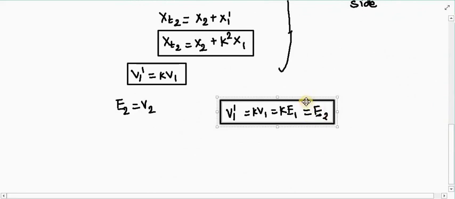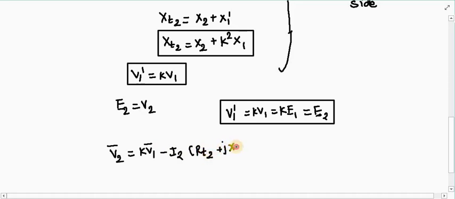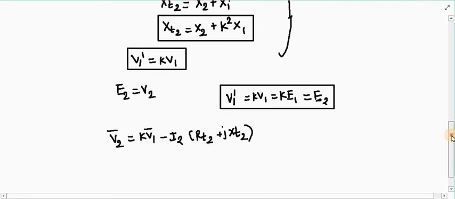So the secondary voltage value will change from its no load value, and it will now be given by V2 is nothing but KV1 minus I2 into RT2 plus jXT2. Means there will be some drop that takes place in the impedances of the winding.